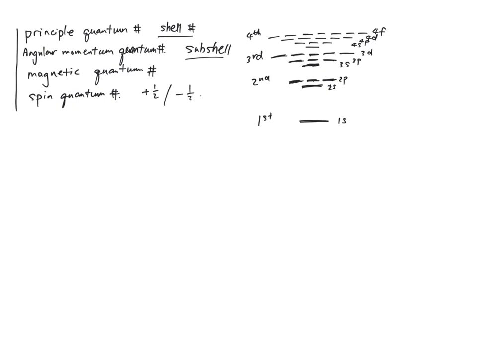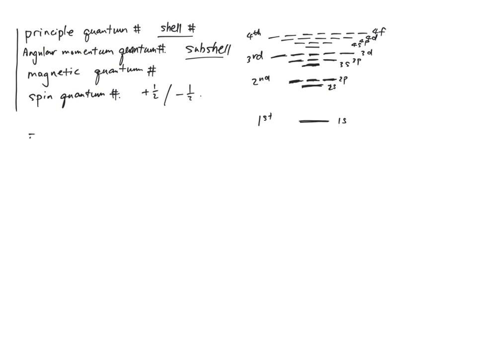This structure also gives us an easy way to figure out how many electrons you can accommodate within each shell, each subshell, and so on. So what kind of conceptual questions are you going to be asked now that we've talked about all this conceptual stuff?